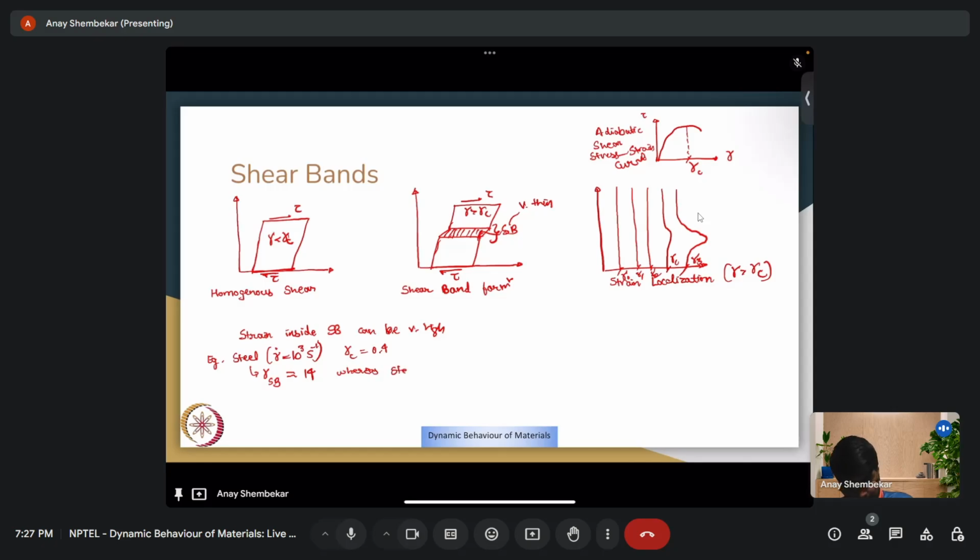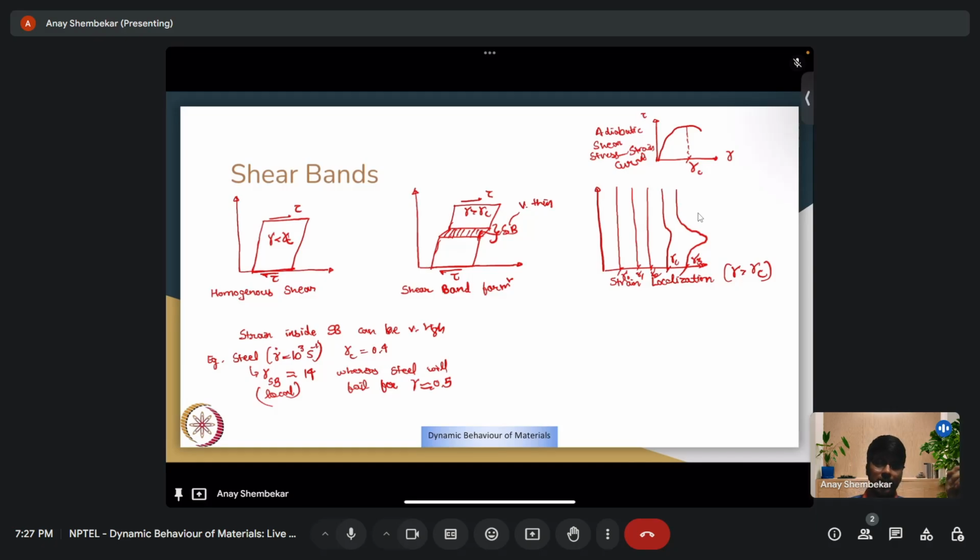This is local shear, whereas a steel specimen will fail for gamma of the order of around 0.5. So you could have a much higher shear strain value. That is what we see inside the shear band.